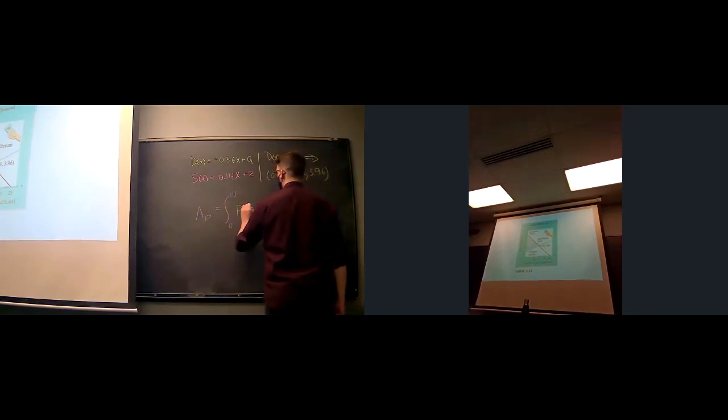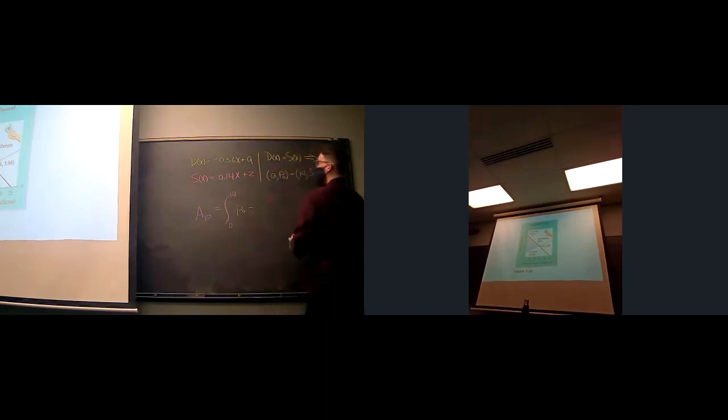P naught minus, my mistake, I meant to say supply function, not demand. So the producer surplus is going to be that line, y equal to P naught, minus our supply function.